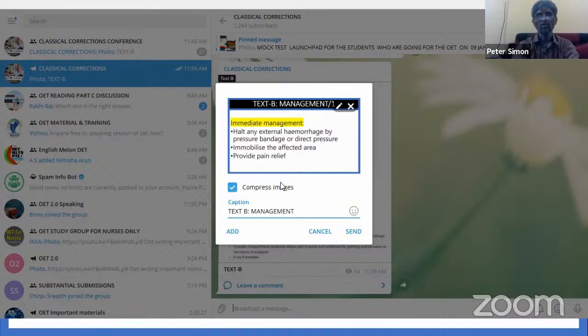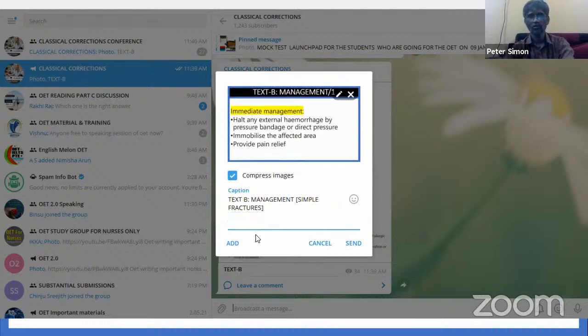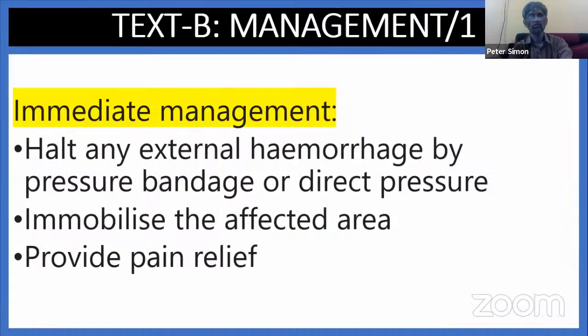Brackets, simple fractures. Management of simple fractures. So the word for this one is management.